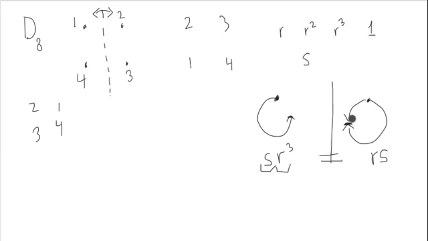Notice that R and R cubed are inverses of each other. And with respect to this operation of composition, R composed with R cubed is R to the 4th, which is 4 rotations, which is the identity. We're working mod 4 in the exponents.